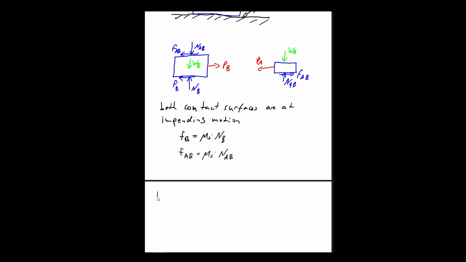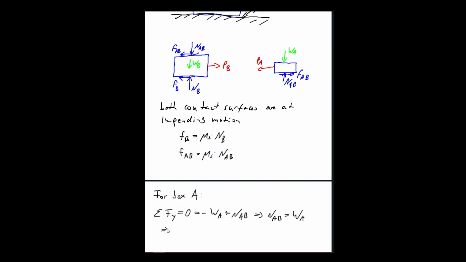So we can say for box A, sum of forces in the y direction equal to 0, equal to minus WA plus NAB. That means NAB is equal to WA.